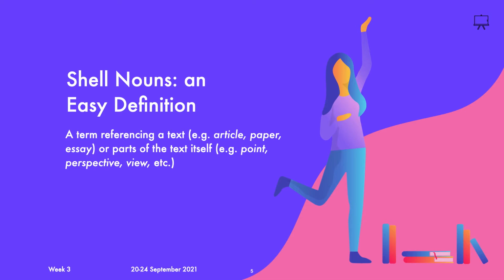So you will use a lot of these nouns in your writing in order to clearly point out what you're talking about. Maybe you are talking about explaining something, you may say the explanation, or the reasons, or the factors. So that's what we mean by shell nouns in a simpler sense.